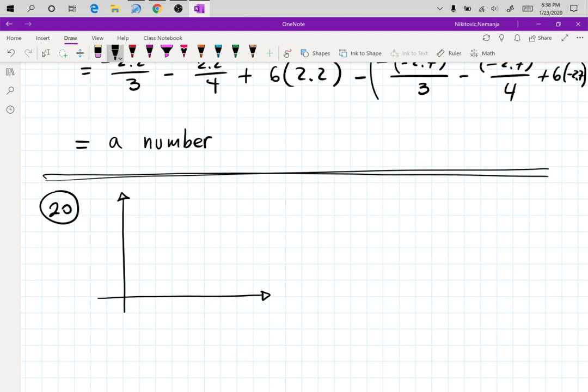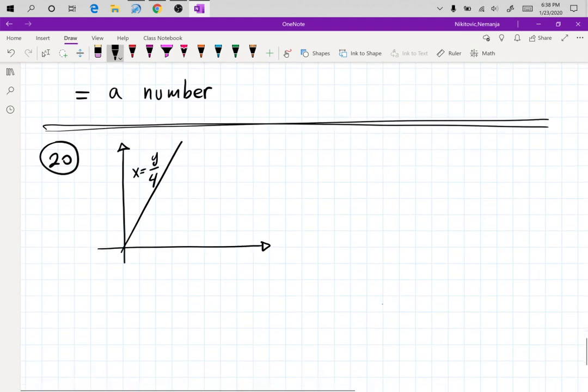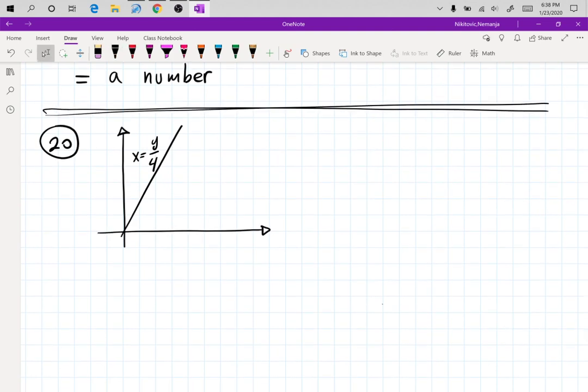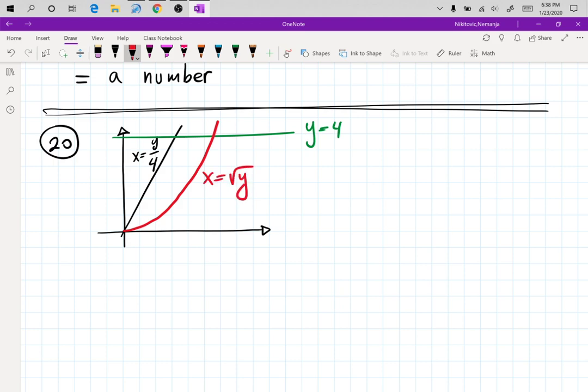It has a line like this, it says x equals y over 4. It has a line like this, it says y equals 4. It has a line like this, and it says x equals square root of y. What is the area inside?